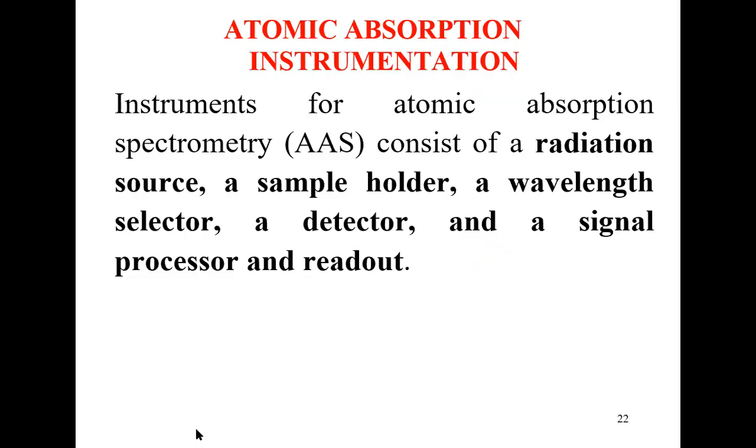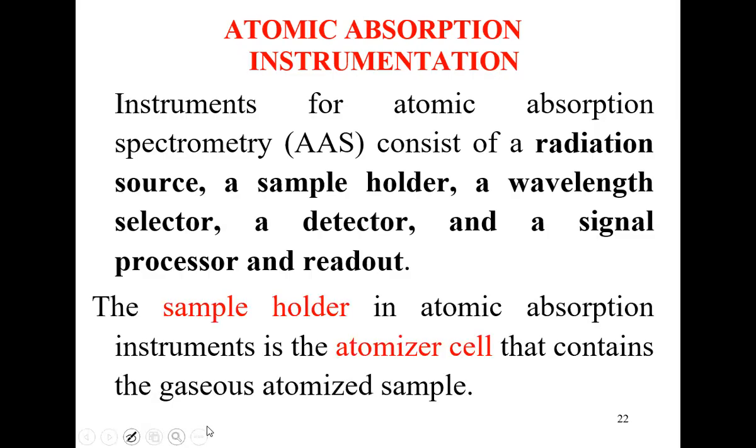Okay, so we have talked about the summary of the AA instrument. An instrument for atomic absorption consists of a radiation source, a sample holder, a wavelength selector, a detector, and a signal processor readout. We all know what the sample holder will be. What is the sample holder in AA?